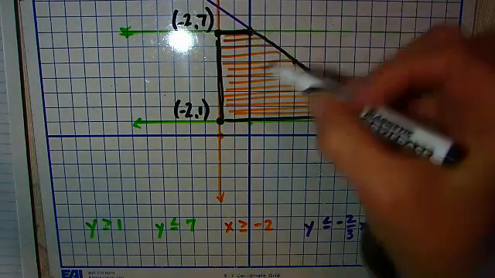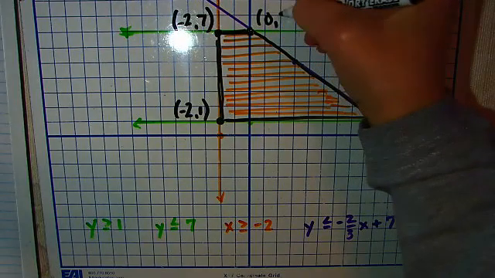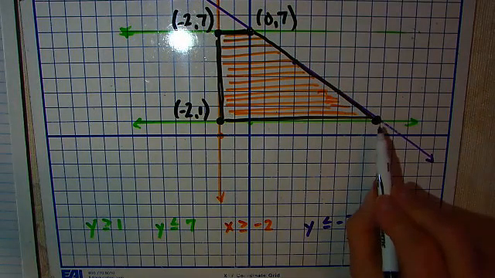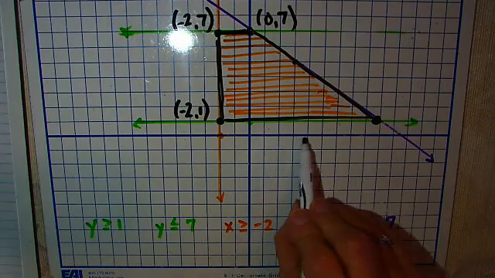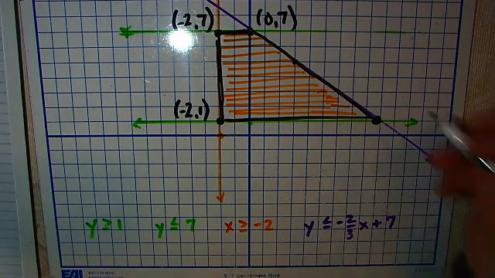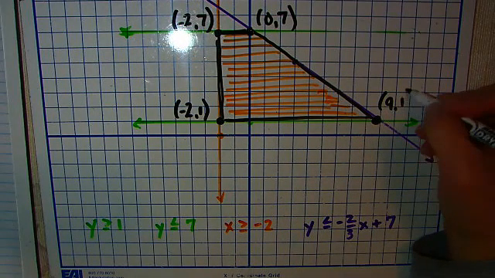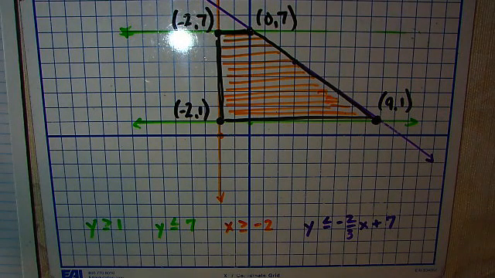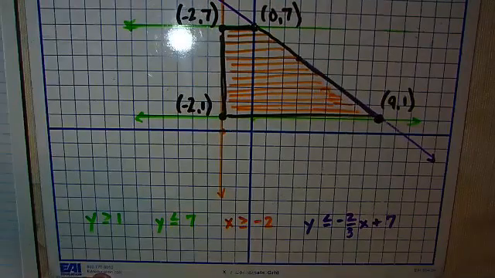This one right here would be 0, 7. In this corner here, 9, 1. Okay, so those are the vertices of my shaded region.